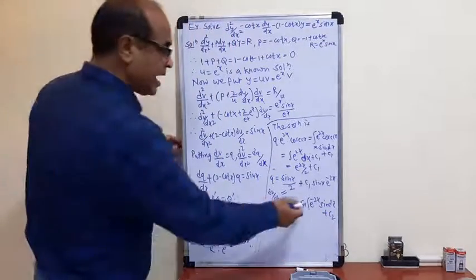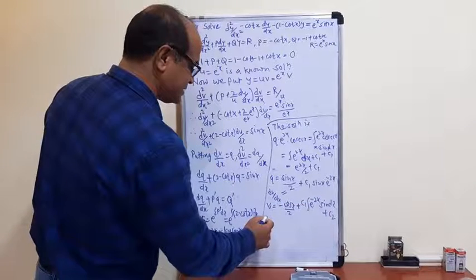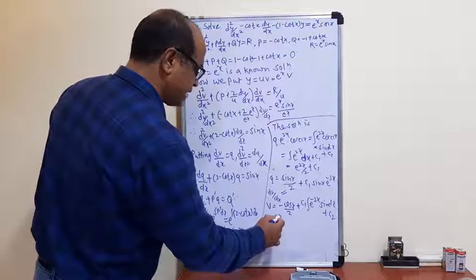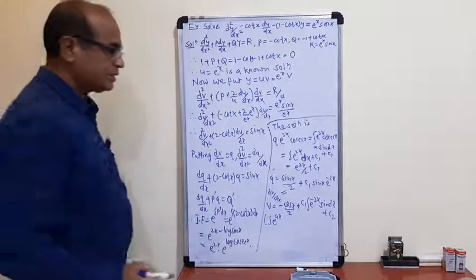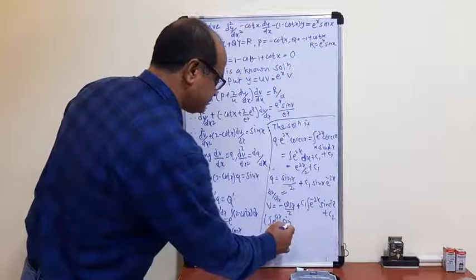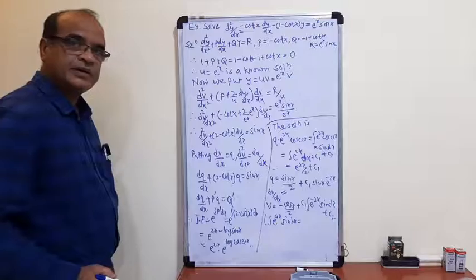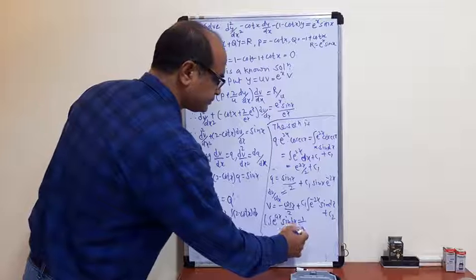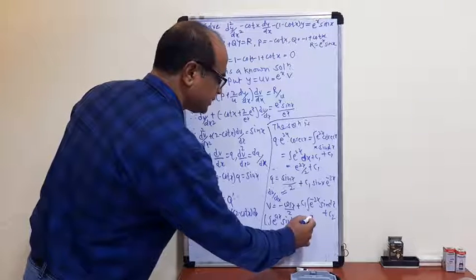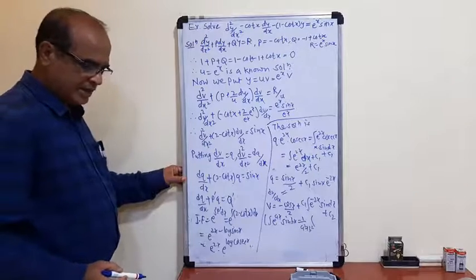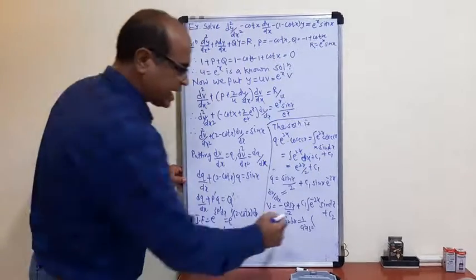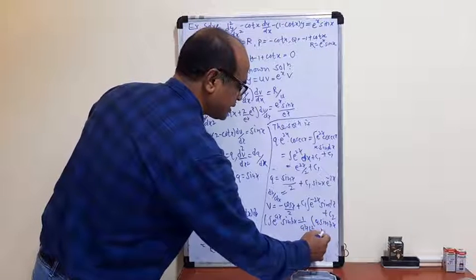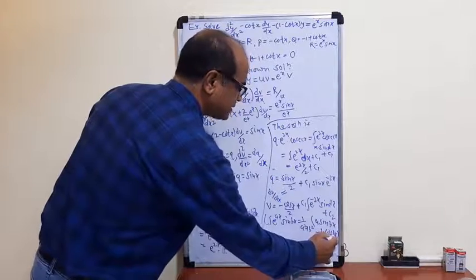So we know the formula: the integration of e raised to ax into sin bx is equal to 1 upon a square plus b square into bracket a sin bx minus b cos bx. Very simple.